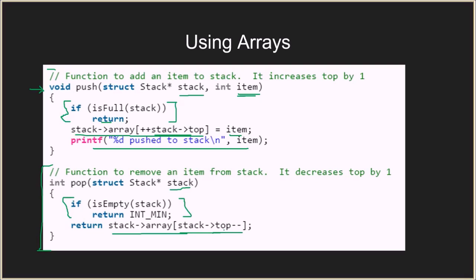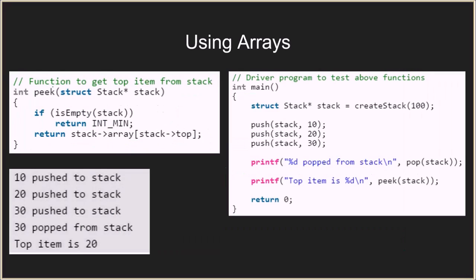Because we have the top of stack minus minus here, it means that after getting the value at the top, it will decrement the top, and then it returns the value. So the top of the stack is also decreased by 1, and we also get to return the value which was there at the top, so the popped value.